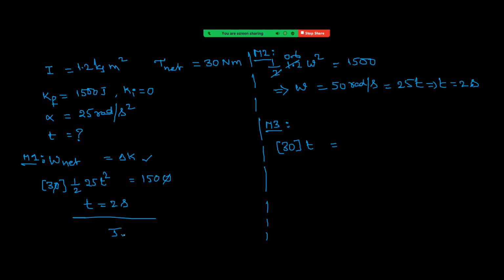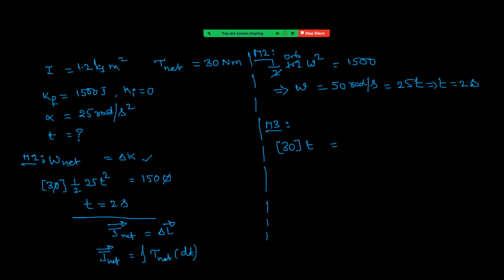Net impulse is equal to change in angular momentum, right? Net impulse equal to change in angular momentum. So this is now net torque 30, which is a constant. Net angular impulse is defined as integral tau net into dt, right?